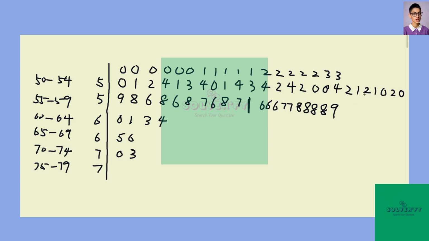We are supposed to have 7 fours, right? 1, 2, 3, 4, 5, 6, 7. So I guess we are correct. Okay. So let's just remove this one here.